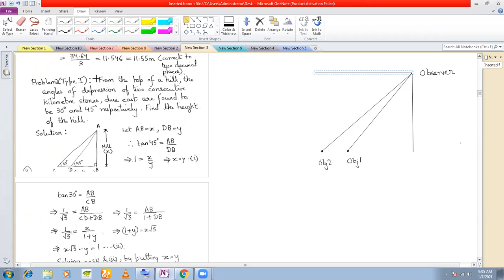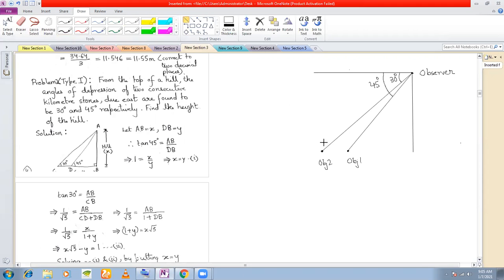So the line of sight of the observer makes angles of 30° and 45°. 30° is the angle of depression of the first kilometer stone, and the next will obviously be 45° because it is the greater angle.